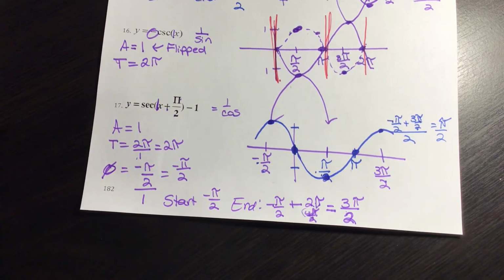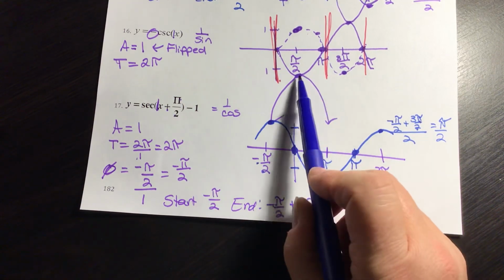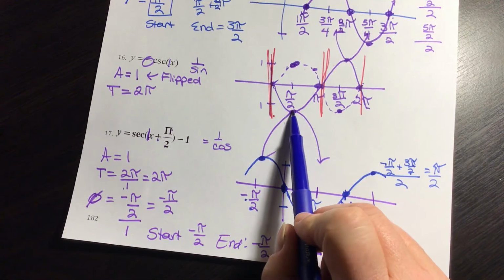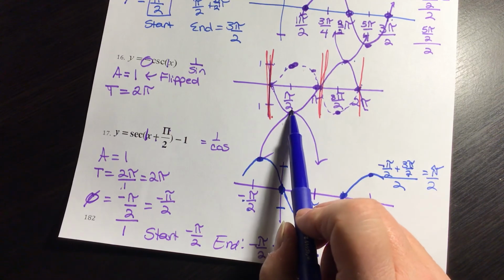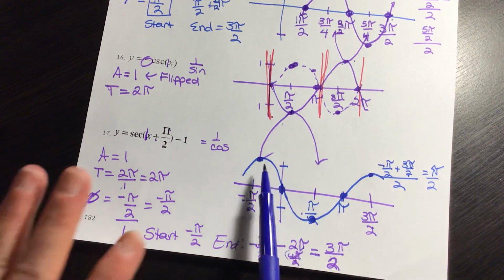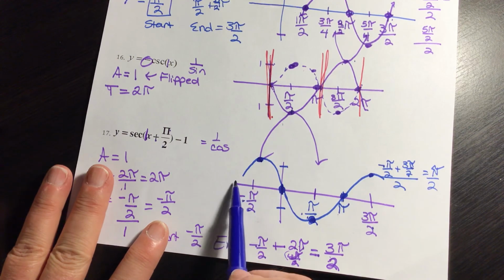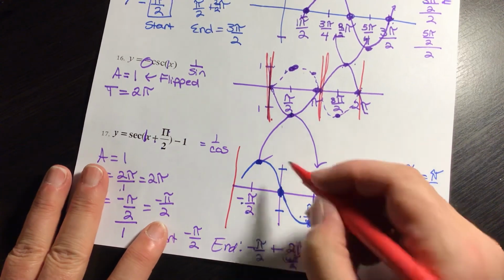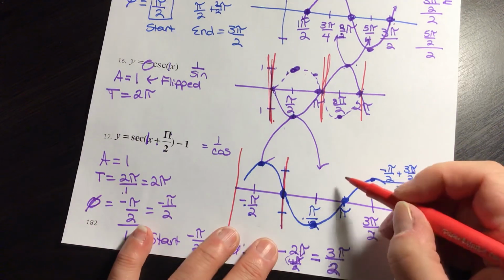But what am I looking for? I'm looking for the reciprocal of that. So just like up here, my minimum and maximum values are at the center between the asymptotes. So here is a maximum value. My asymptote would be over here and over here where I have an x-intercept.